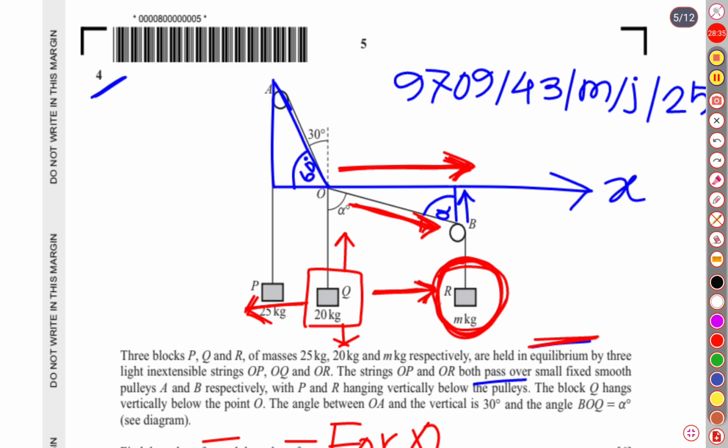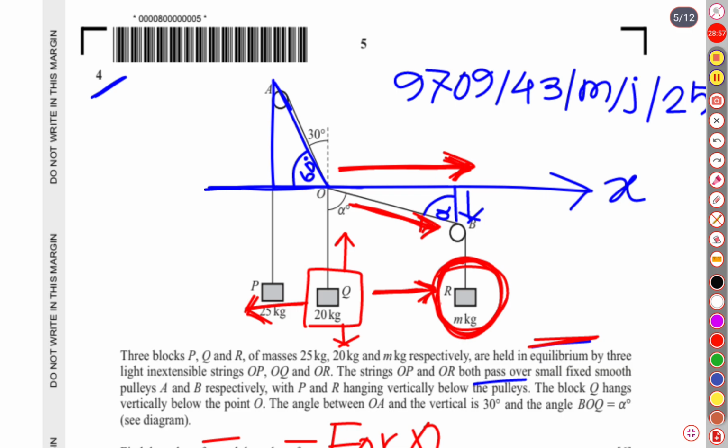So for this upward force, what is this? The tension is actually the weight of particle R, but it is actually lying below. Let me explain this. This is our reference frame.